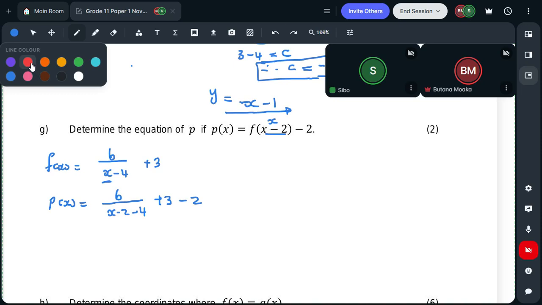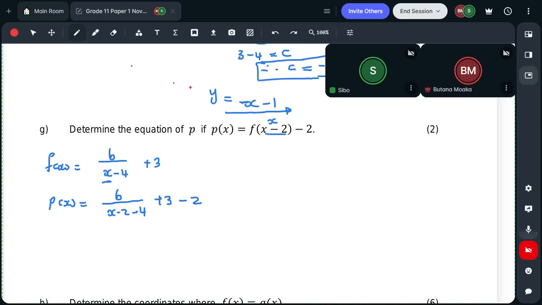Okay. Look at this. Where there is x, we put x minus 2. And this is my x. I put x minus 2. And then we still have that minus 4, so I'm going to write minus 4 there.